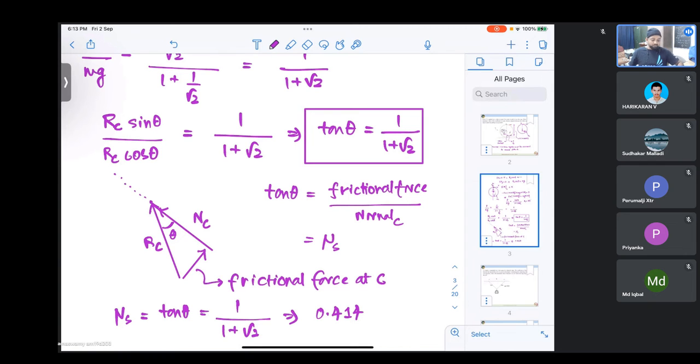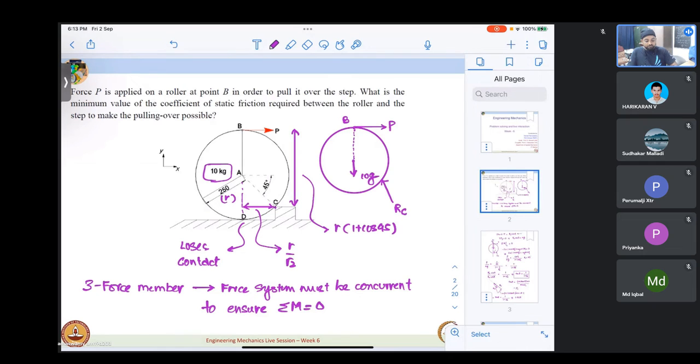So this is our answer to this question. What it asks is, what is the minimum coefficient of static friction required for the roller? So minimum coefficient of static friction required is 0.414. So I hope this question is clear on how we solved it.